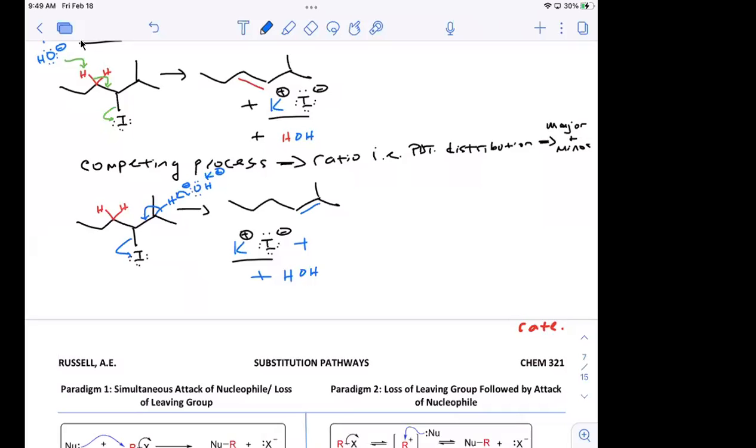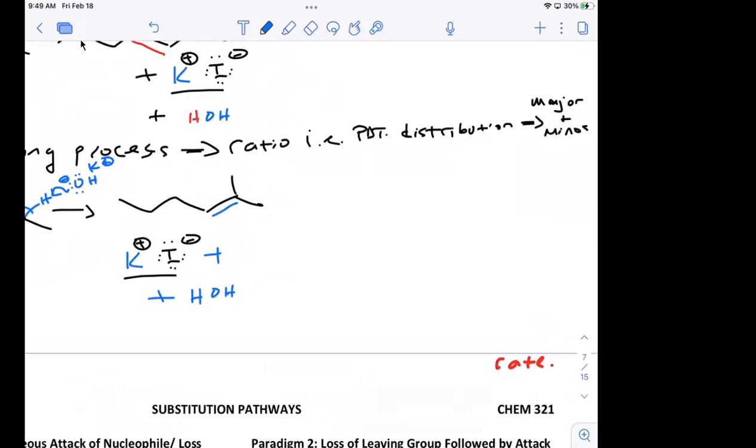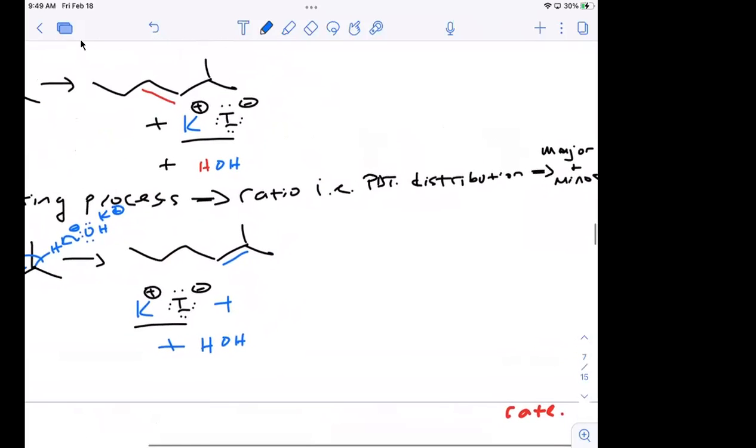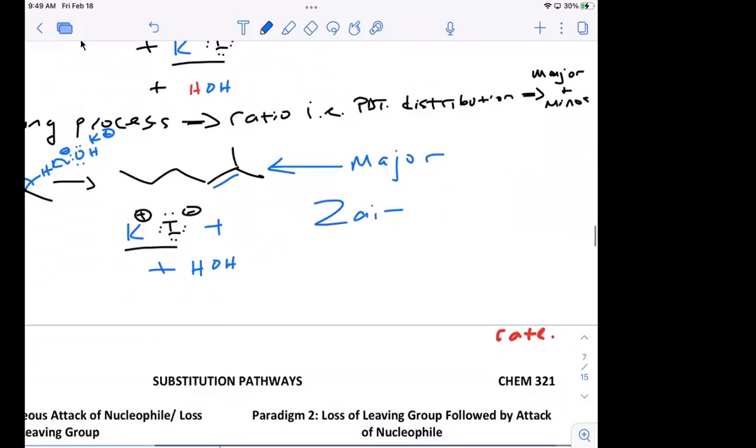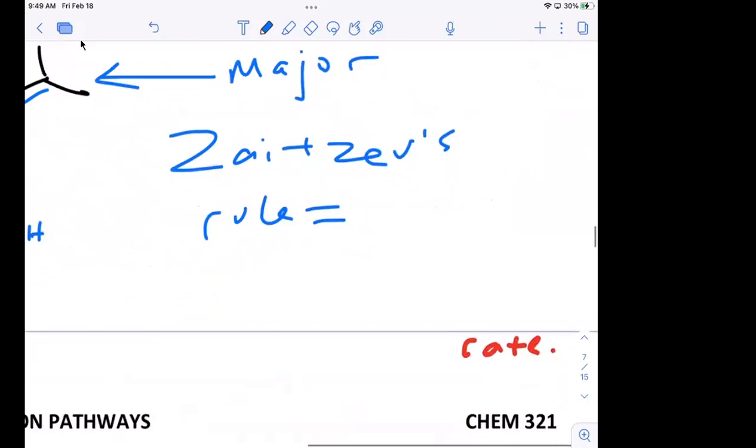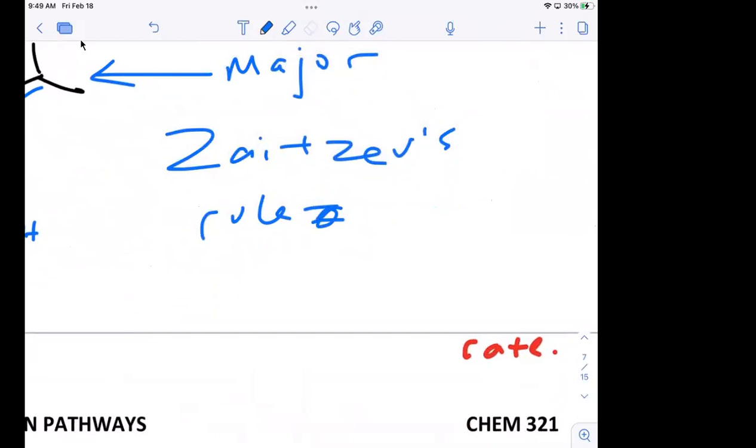For E2 elimination, if it's following Zaitsev's rule, then it follows that the more substituted alkene is the major product. All right, so for Zaitsev's rule, I'm just going to boil this down to the nuts and bolts.